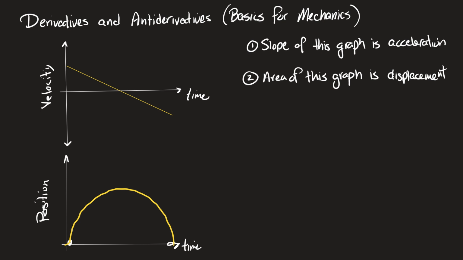Some kind of parabolic path. Positive slope at the beginning, negative slope at the end, zero velocity in the middle.